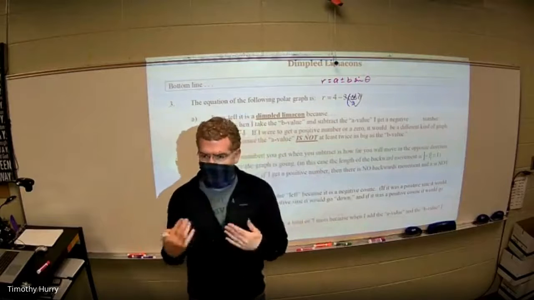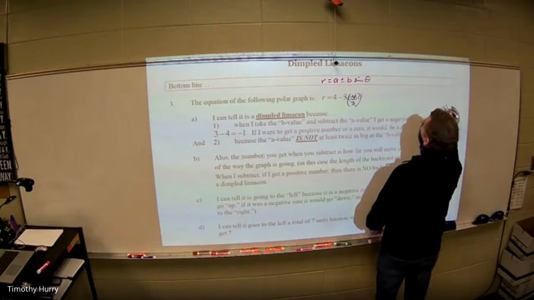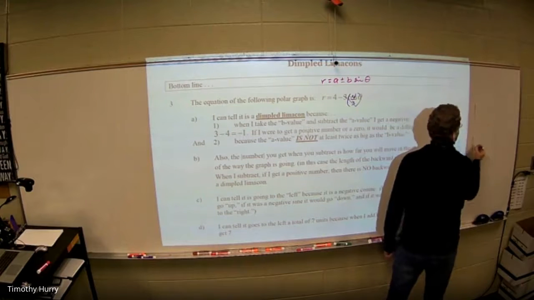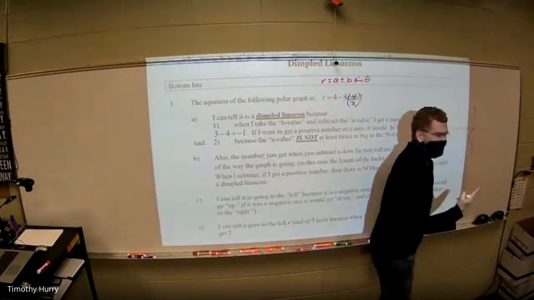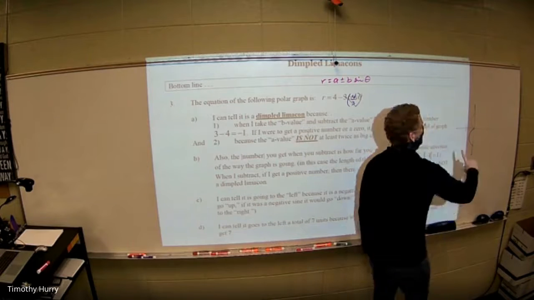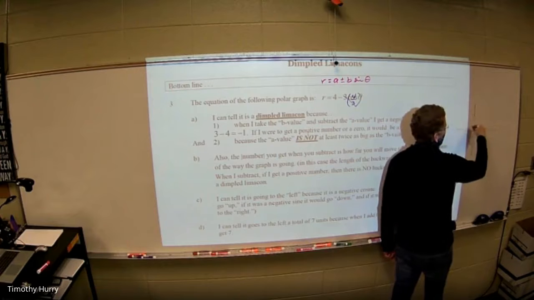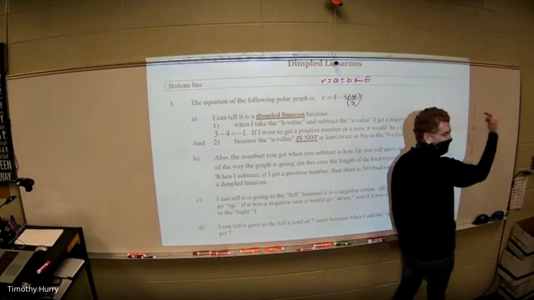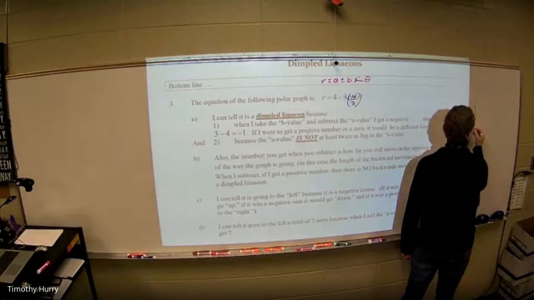Now, the way I kind of see this or describe it is this. Pretend, what's this, negative cosine? So on this graph right here, think of which would be a cardioid or a limaçon with the inner loop. Think what would happen if I push this back. Think of it like a piece of wet spaghetti. I push this back a little bit.